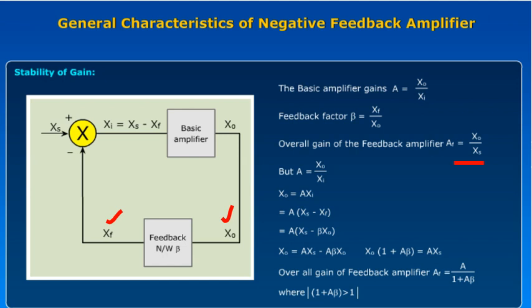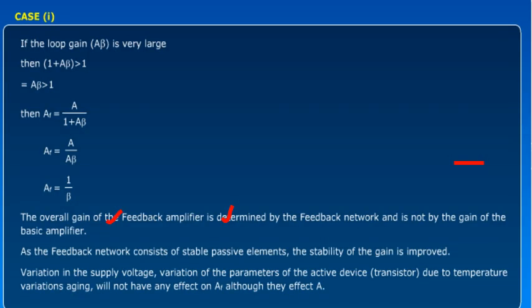If the loop gain A beta is large, then A beta is greater than 1, and 1 plus A beta is nearly equal to A beta. Therefore AF is equal to A by A beta. So A cancels, and we get AF equal to 1 by beta.